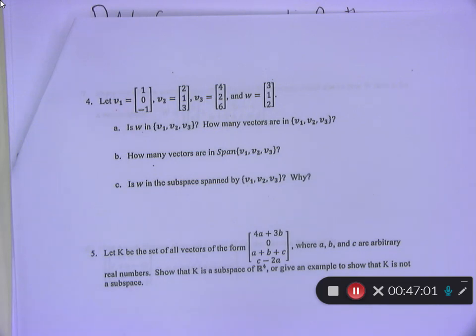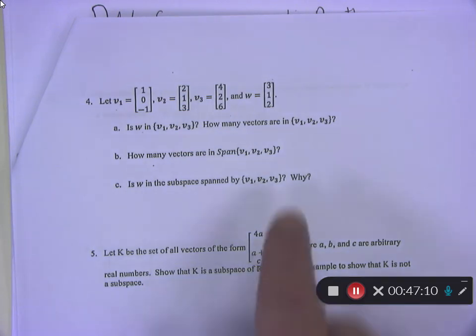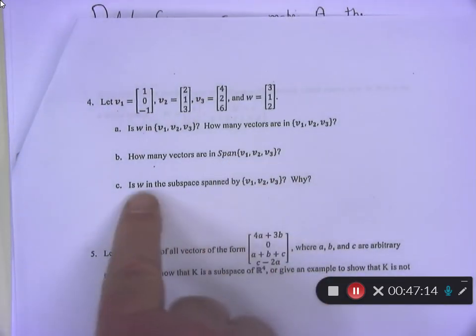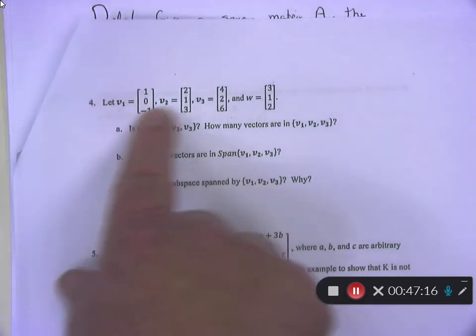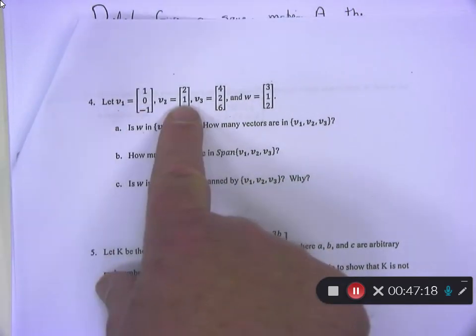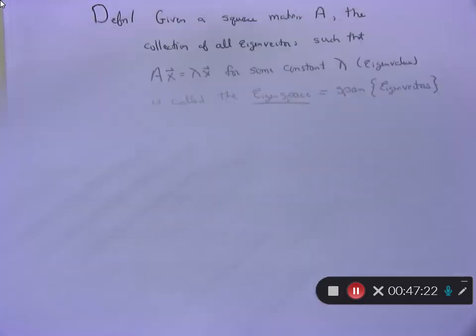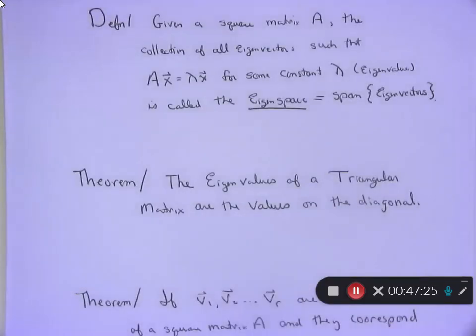How many constants are there that you can multiply by a vector? All real numbers, right? So there's an infinite number of constants, therefore there's an infinite number of vectors in a span. That's what I'm after. But then to show if W is inside this, you've got to come up with what constants you need to multiply times these vectors to get W out of it. Okay. So back to our space now.